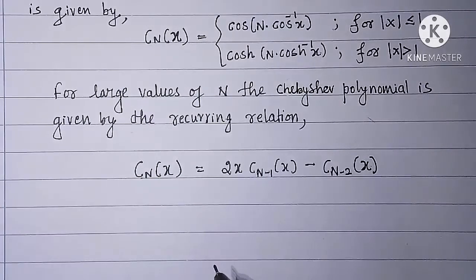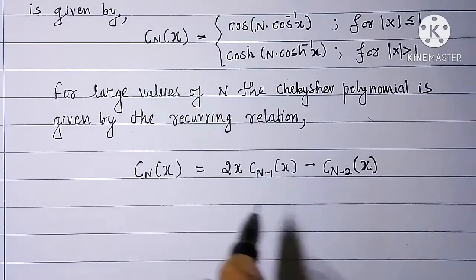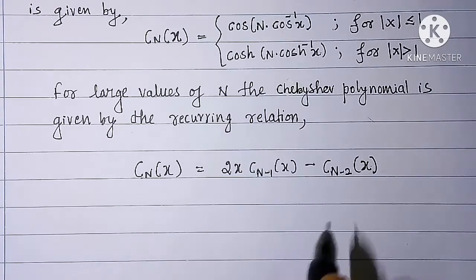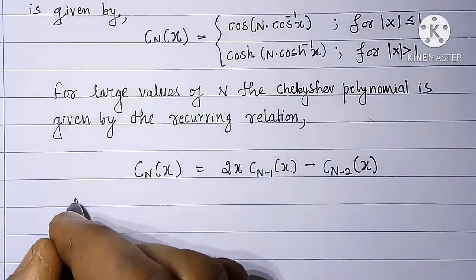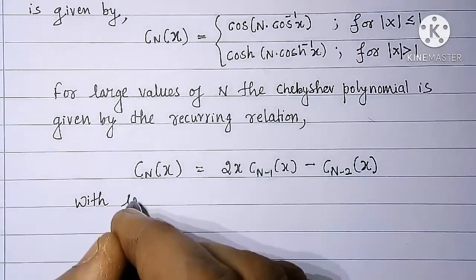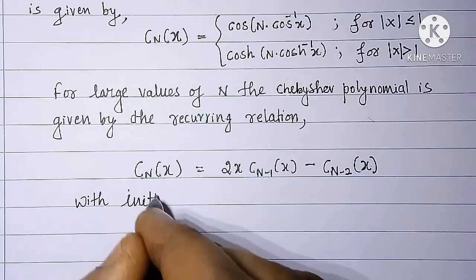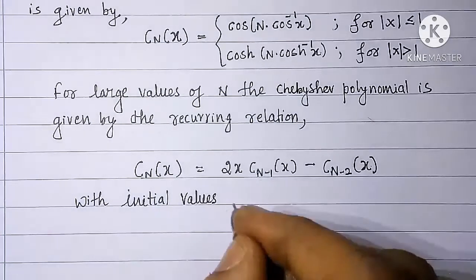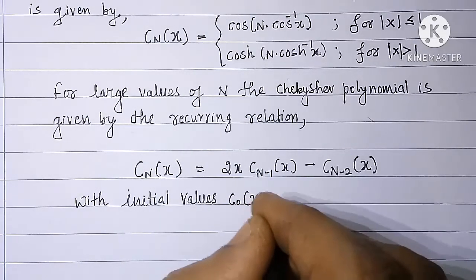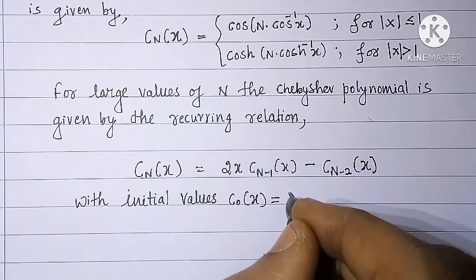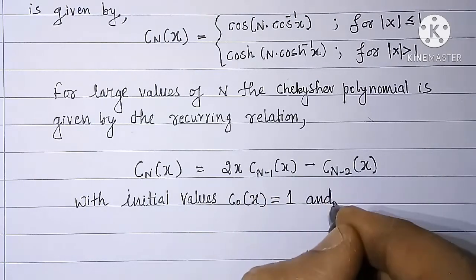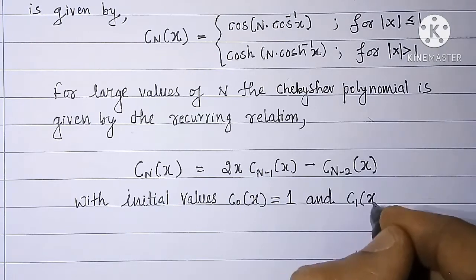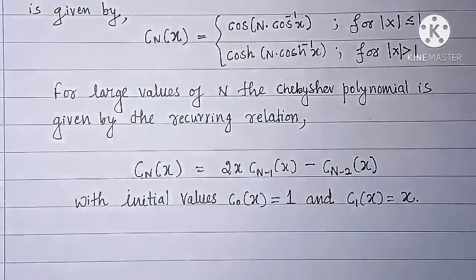They are called the initial values of Cn of x, and they are C0 of x equal to 1 and C1 of x equal to x.